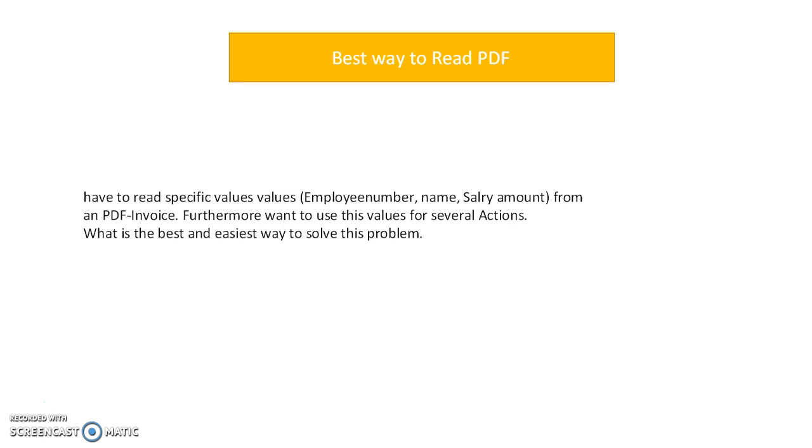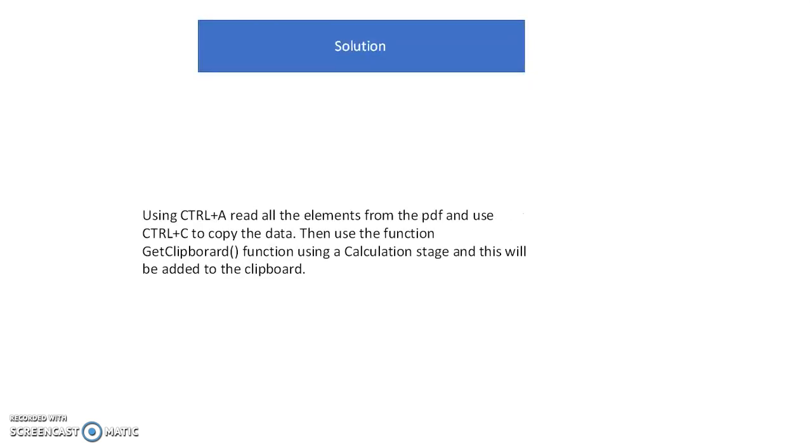In a PDF, if you want to take specific values, suppose you are using an employee details PDF that has more than 1000 fields, and you want to capture the employee number, name and some other fields. After capturing, you are planning to use them in several ways. So here we can see how to capture the specific values.